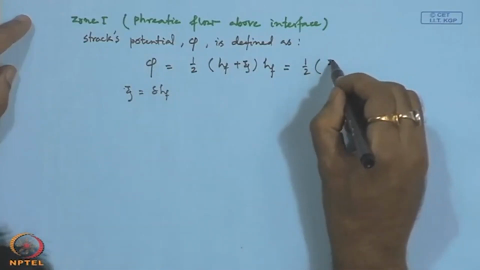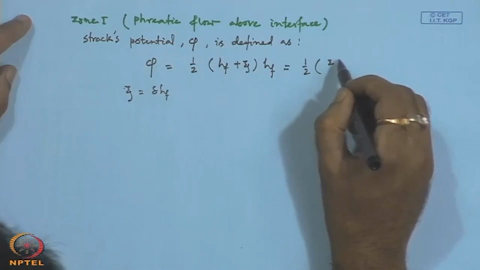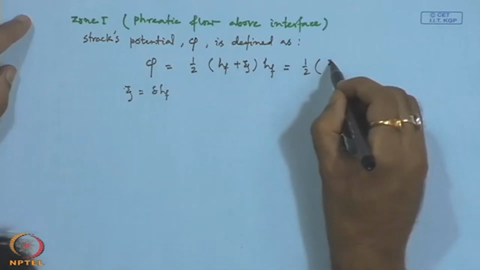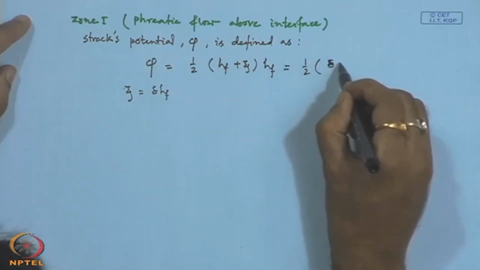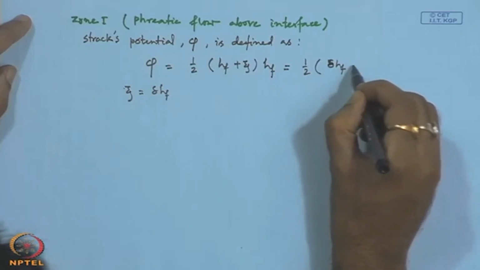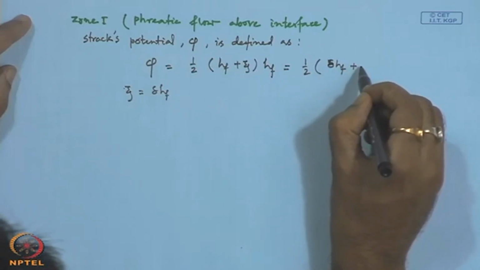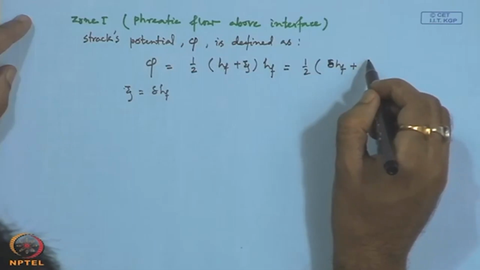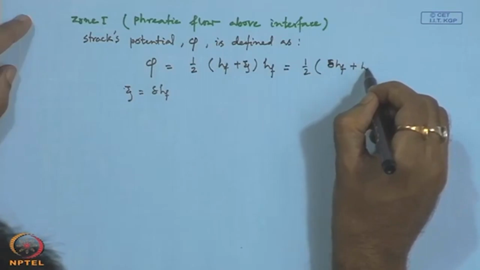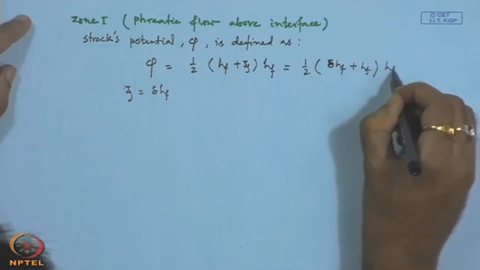So, in place of xi, we can replace it with delta HF, giving HF plus delta HF into HF.